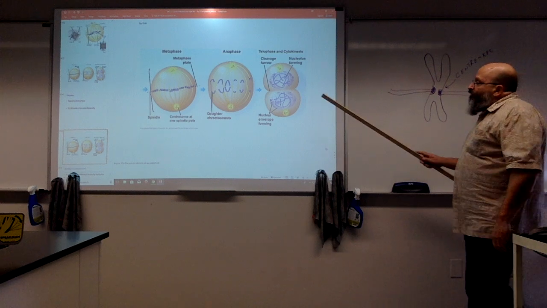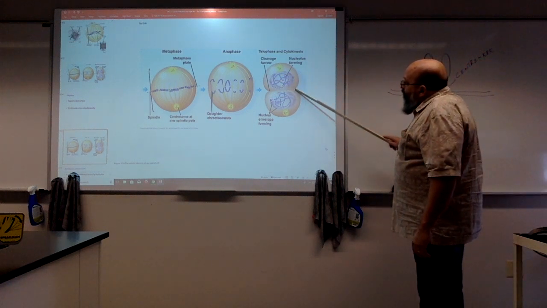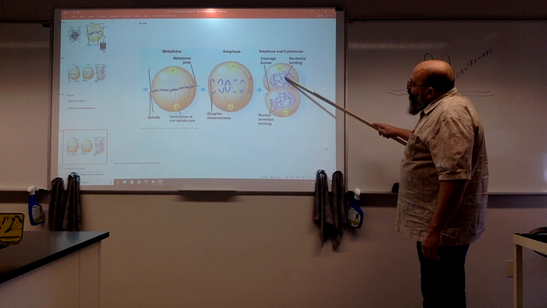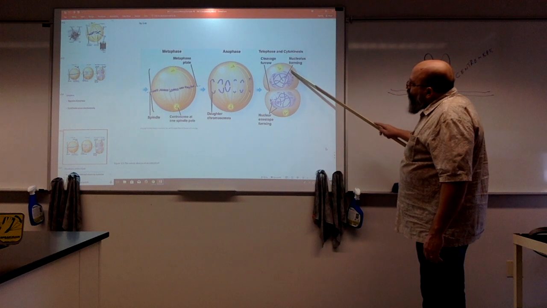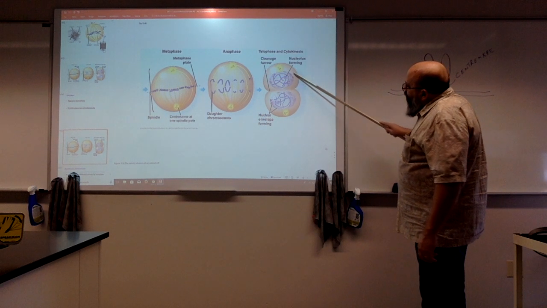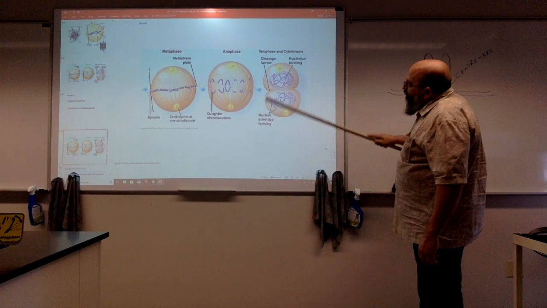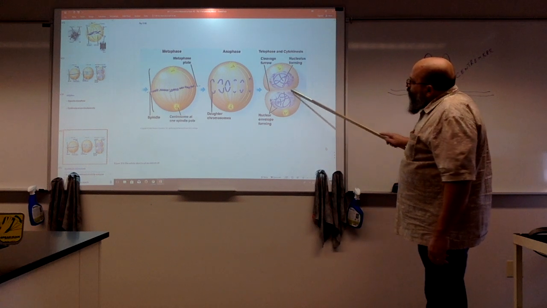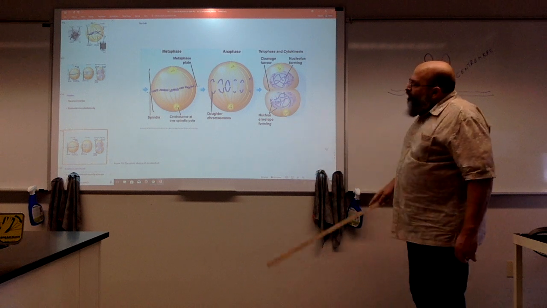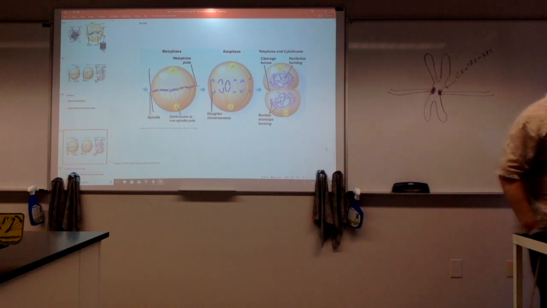So here is telophase here. It's showing the nucleus. Here's the nucleolus reappearing here, okay? Here the nucleus is starting to reform. Notice the spindle is gone, okay? And we'll get to this thing, this cleavage furrow, in a minute.